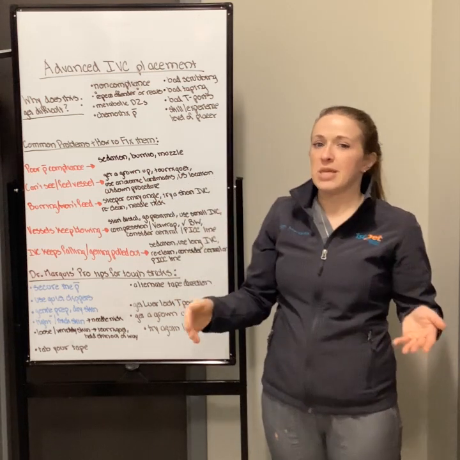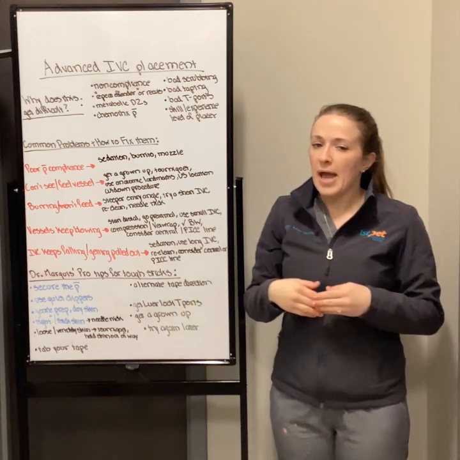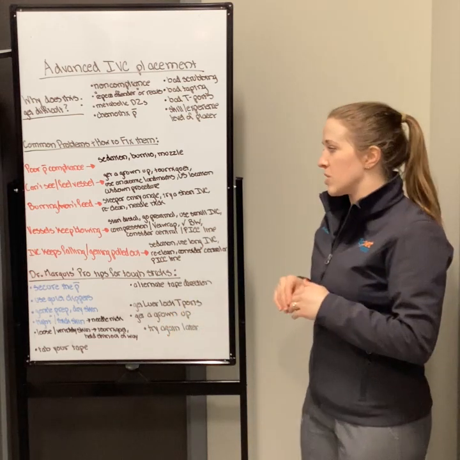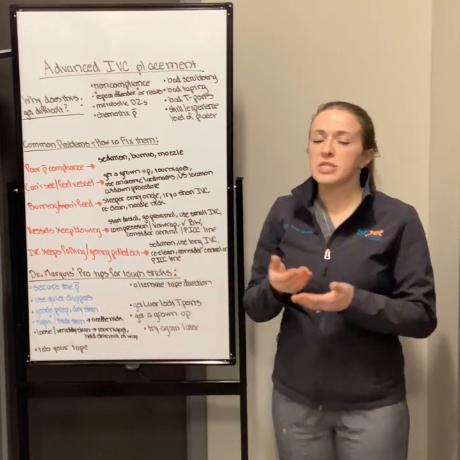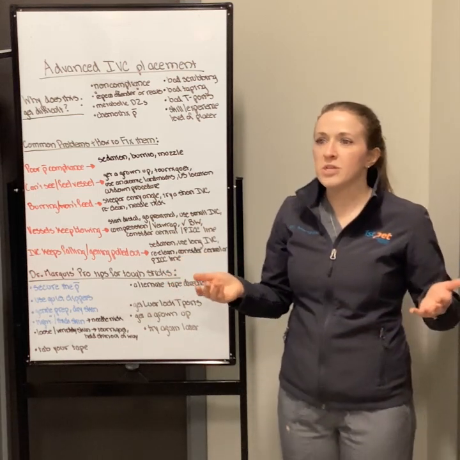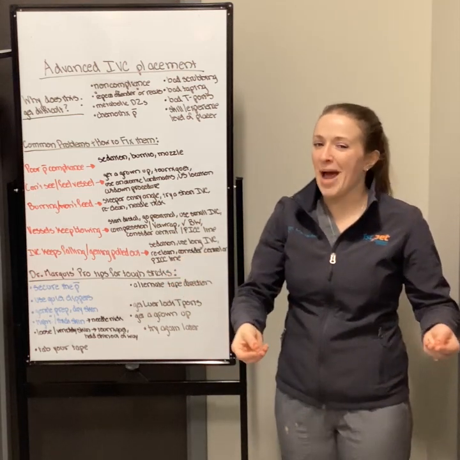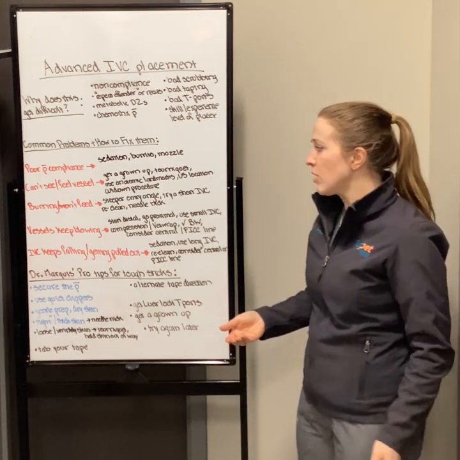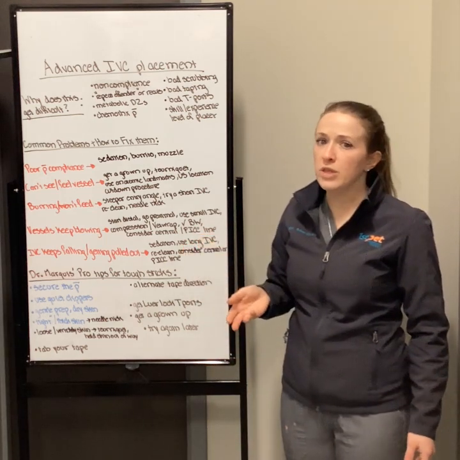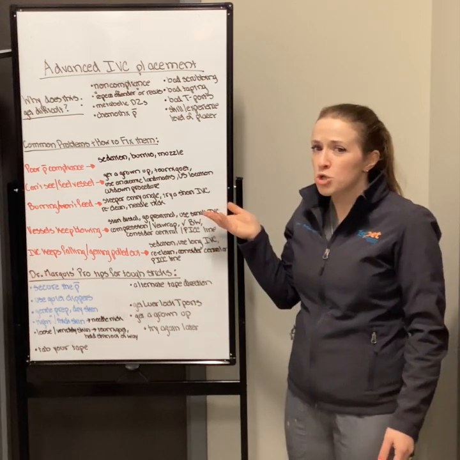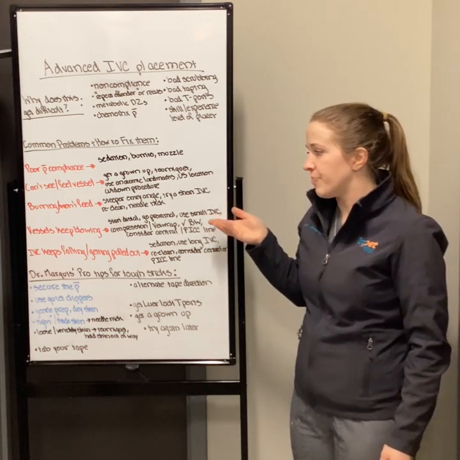That puts a lot of force on the catheter, and then it shears or burrs. Sometimes if you're using a very long IV catheter, this can also happen, just because there is more space for it to happen compared to a short one. So you can always try a shorter IV catheter if you felt like you couldn't feed the long one. Maybe you can feed the short one and see if that's a little bit better.